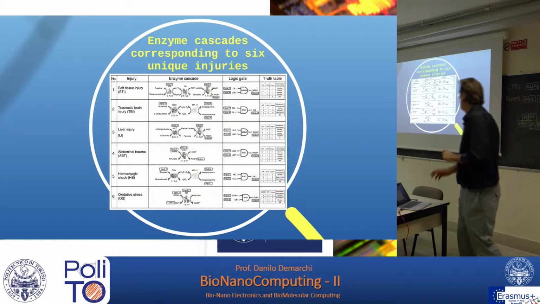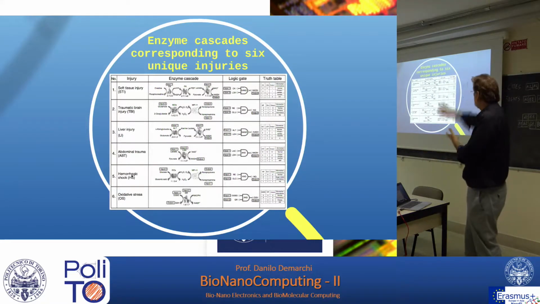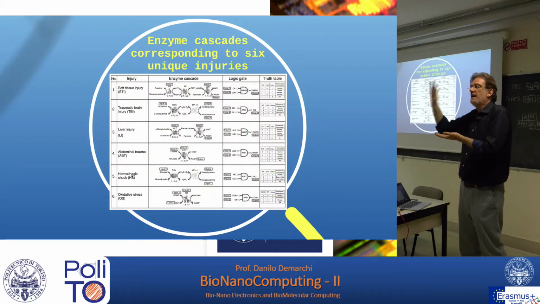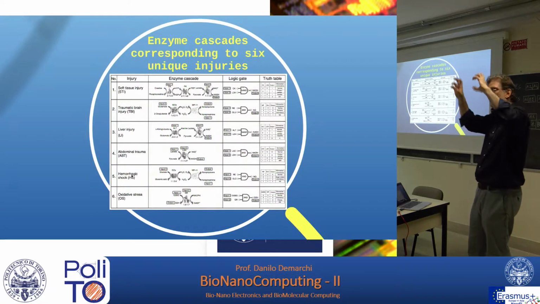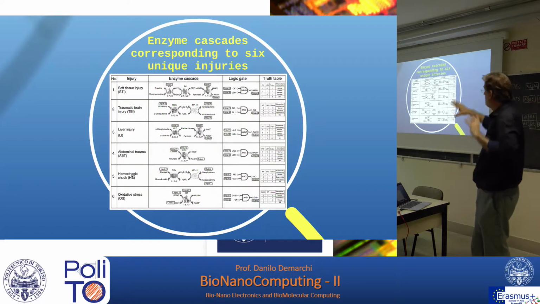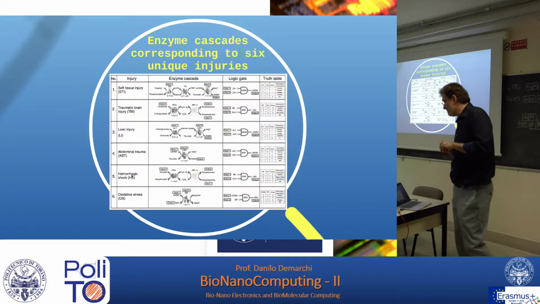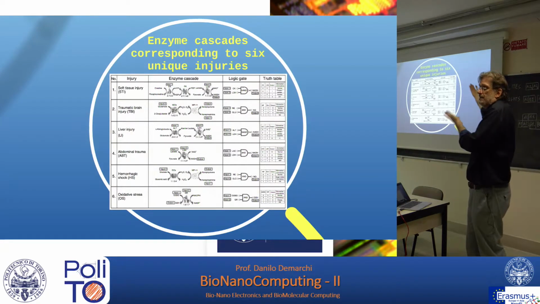The problem was that only a mix of all these injury detectors tells you that the patient has problems or is ill. Just one of them is not sufficient. So it's a mix, it's a network, a combinatorial, logic network putting together all these systems, all this information on injuries.